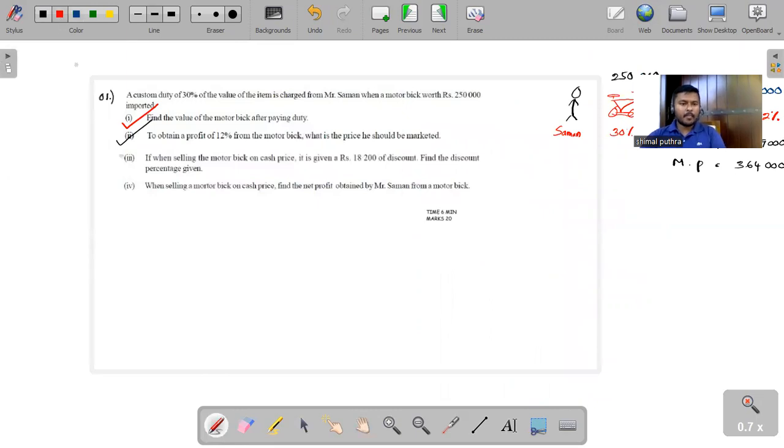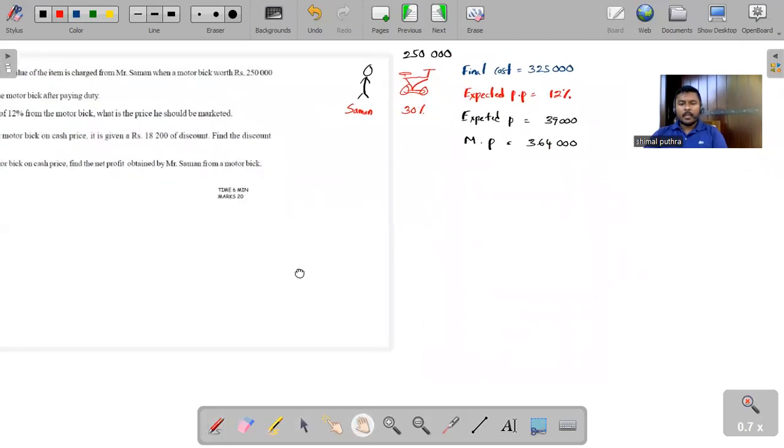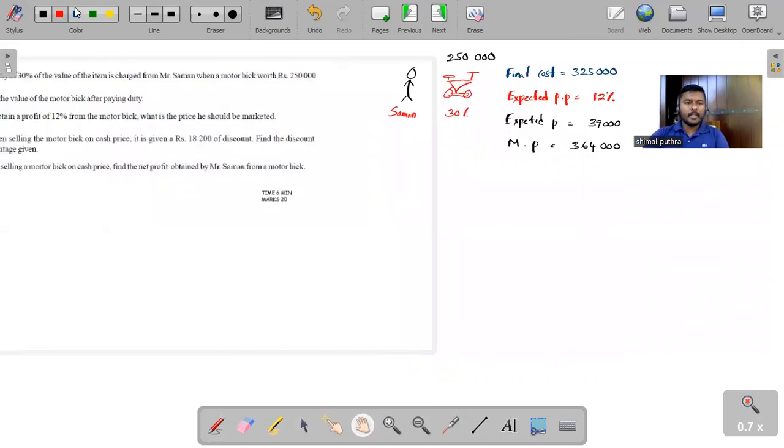Finally, when selling the motorbike at the cash price, find the net profit obtained by Mr. Saman from the motorbike. Here we can find the net profit. We already found the expected profit.